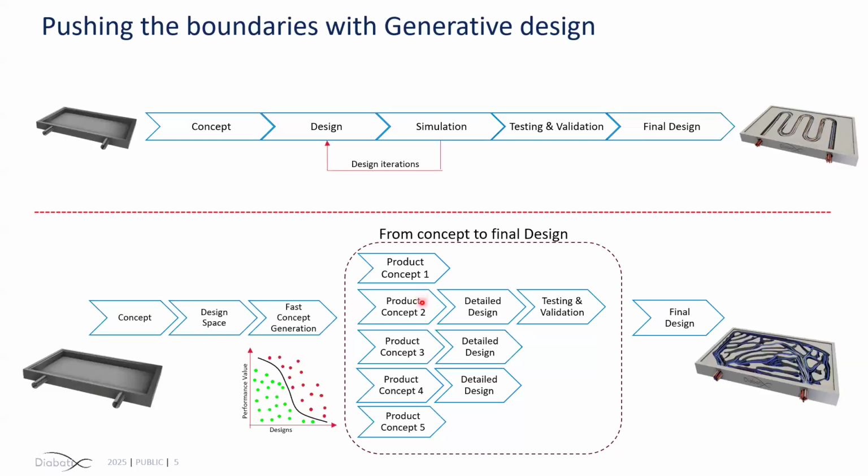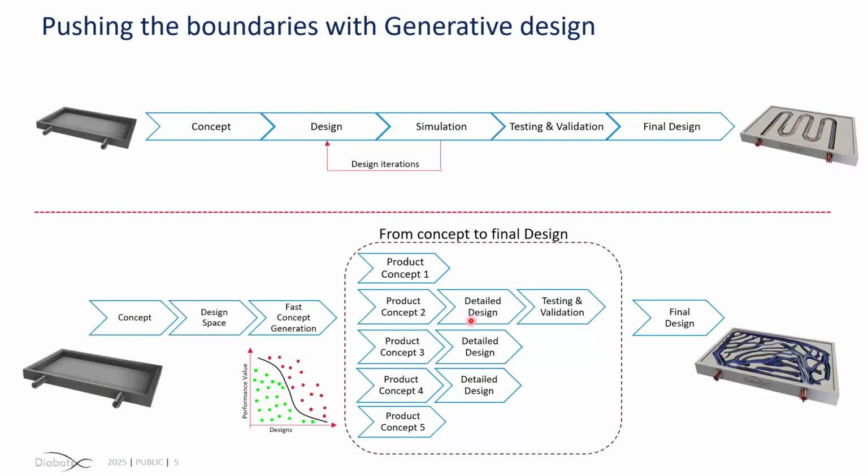The next step is using the concept designs and transforming them into detailed designs, where a thorough analysis and development of the product can be done based on the originally developed concept. So this concept can transform into a detailed design, something much closer to the real application or the real expected outcome that the user is expecting.